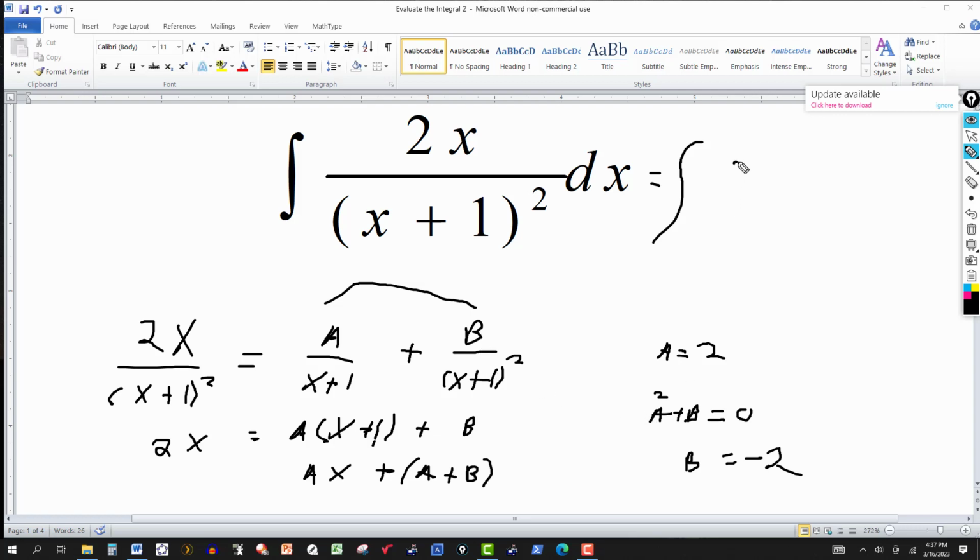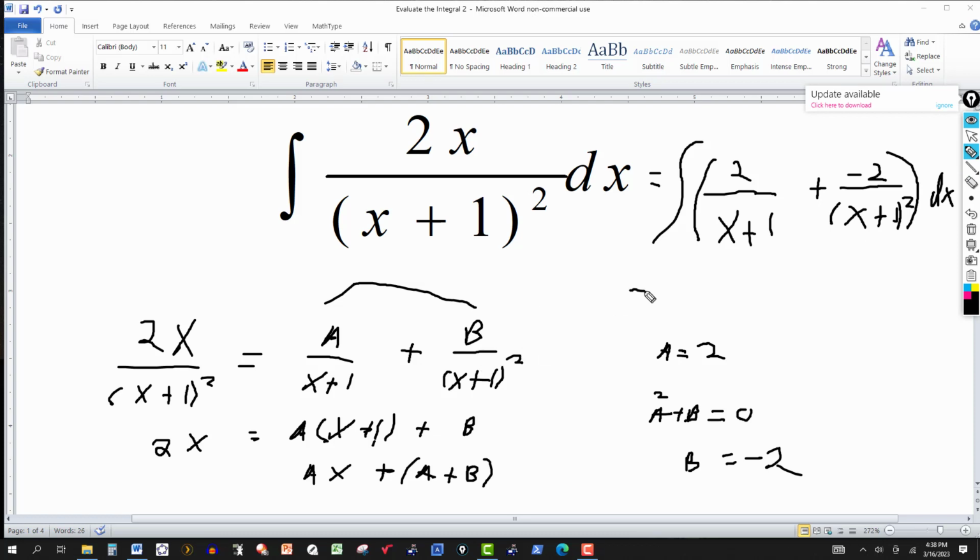So this would be 2 over x plus 1 plus b, which is negative 2, over x plus 1 squared.